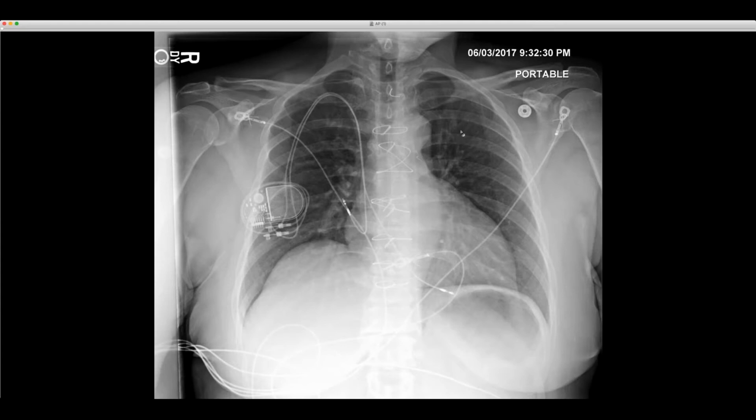Okay, so here's the chest X-ray, and it's very interesting because look at the right atrial pacemaker lead. It's projecting outside the confines of the right atrium. One of our breast imaging fellows who was reading radiographs on a weekend caught this and said, wow, what's going on here?